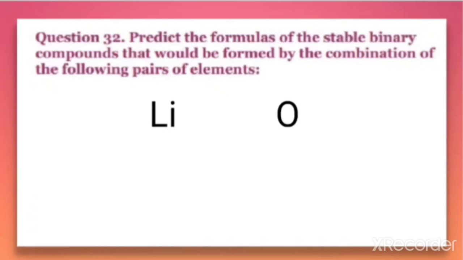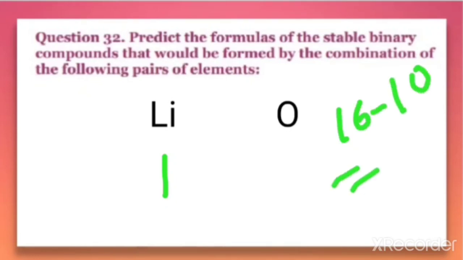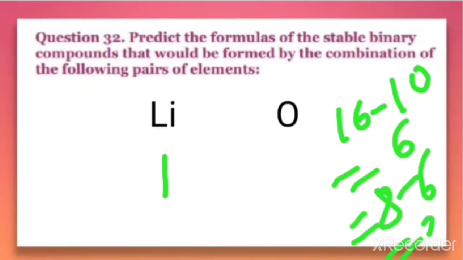Here lithium belongs to group 1, so the valency is 1. Oxygen belongs to group 16, so 16 minus 10 is equal to 6, the valence electrons. So the valency, that is 8 minus 6, is equal to 2. So 2 is the valency.